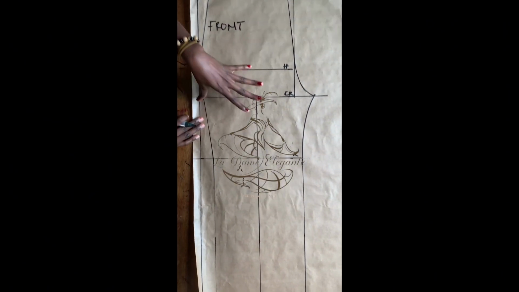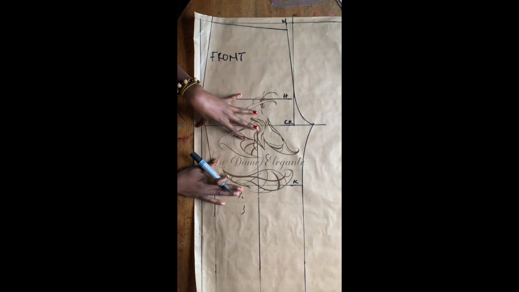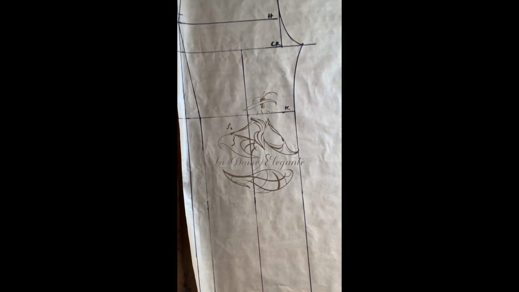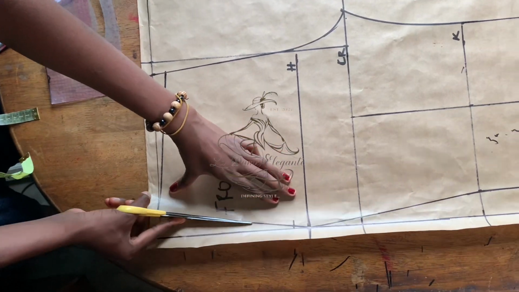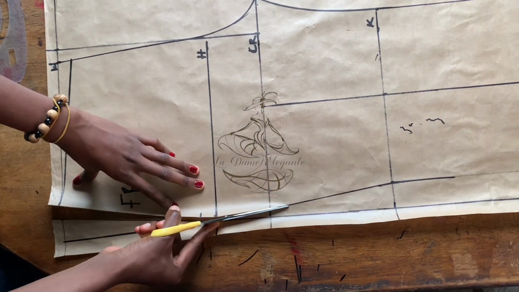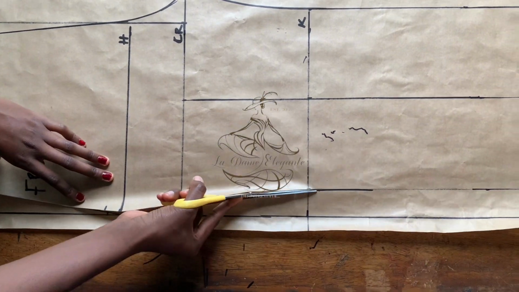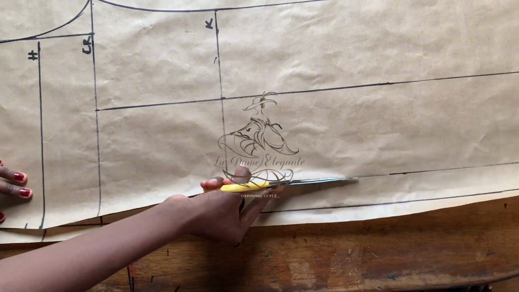We're also going to use this front pattern to cut our back pattern. Let's cut it out. Cut in between your marker so that your measurement is not smaller than what you measured.